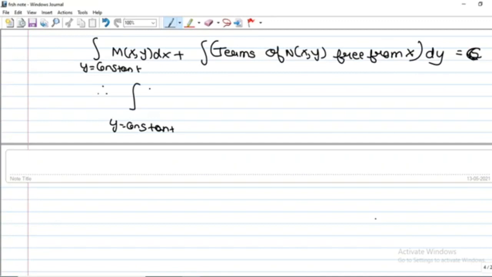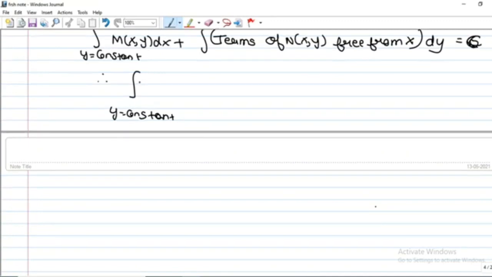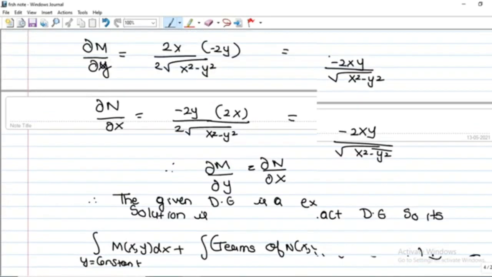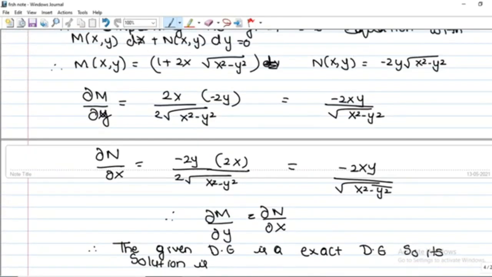So if I substitute the values, what are we getting? We are going to get M of x comma y, which is nothing but 1 plus 2x under root plus... if you observe N of x comma y, here there are no terms which are free from x, because inside there is x.